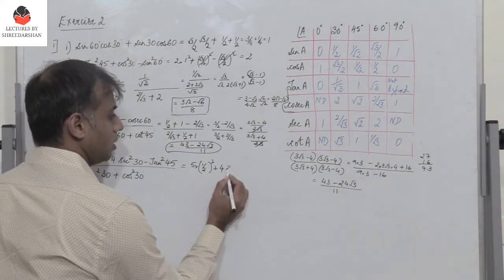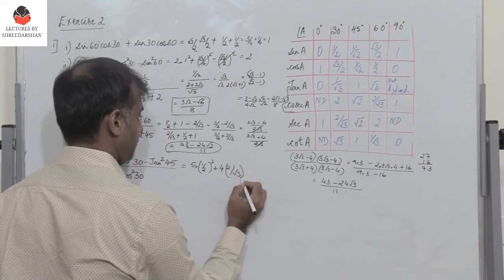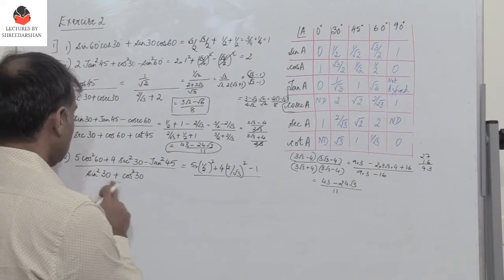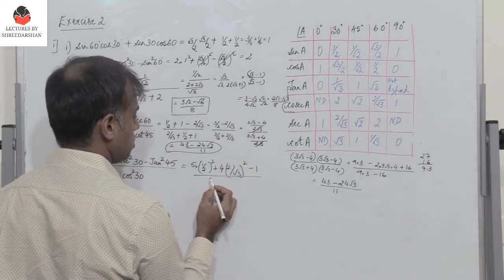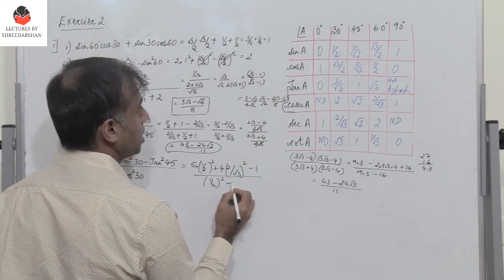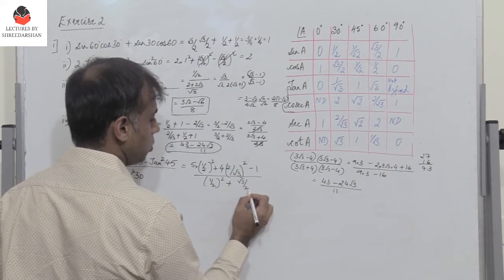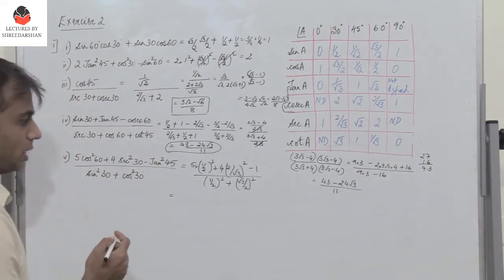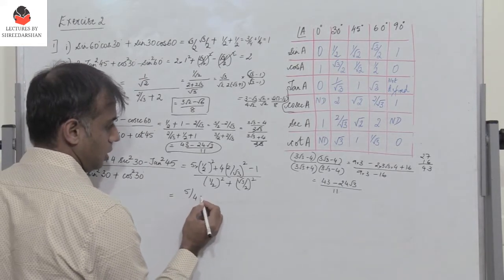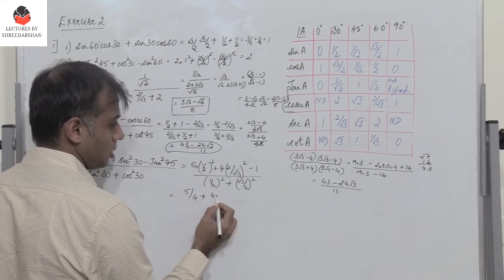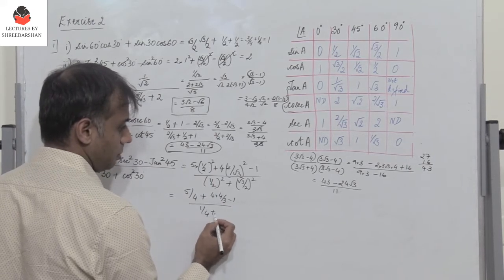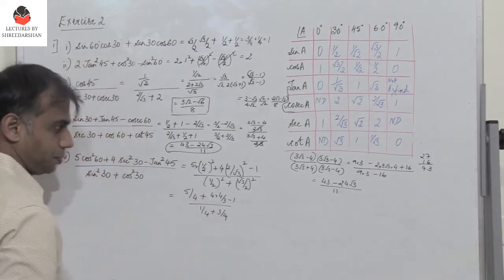So 2 by root 3 the whole square minus 1, tan square 45 is 1, divided by sine square 30, which is 1 by 2 the whole square, plus cos 30 is root 3 by 2 the whole square. Okay, so now if I simplify this, I get 5 by 4 plus square of this is 4 into 4 by 3 minus 1 divided by 1 by 4 plus 3 by 4.